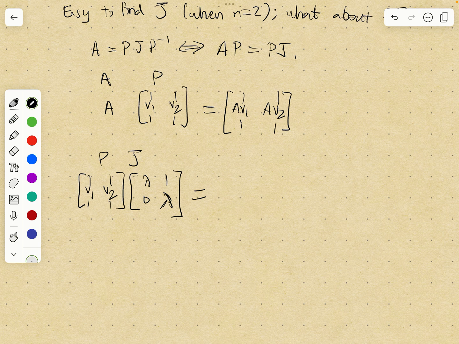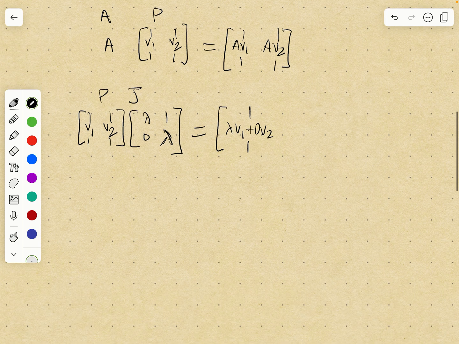So this matrix P times the vector lambda, 0 is going to be lambda times V1 plus 0 V2. Okay, that's the first column of the product. And then the second column is going to be what? It's going to be 1 V1 plus lambda V2, right?